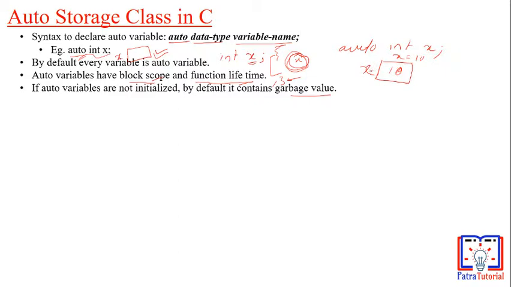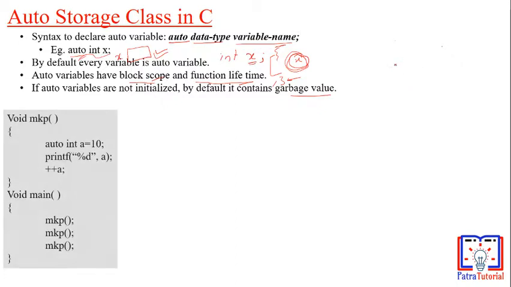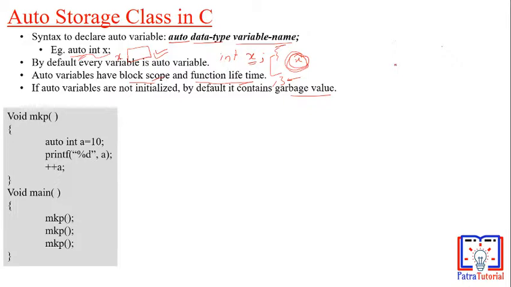So if I am not initializing the auto variable, it will take some garbage value. Three things to remember: the scope of an auto variable is block scope, the lifetime is function lifetime, and the default value is garbage value.